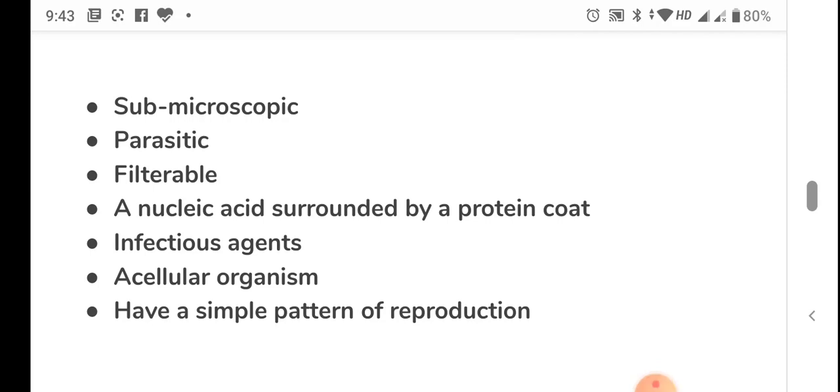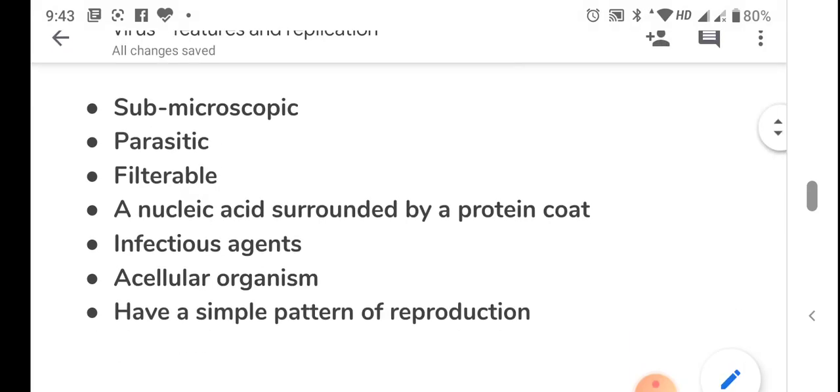We have discussed what is a virus, then virion, viroid, and also prions. Viroids and prions are not viruses, but a virion is the viral particle which has all the components to infect a host cell. All those things we already discussed.